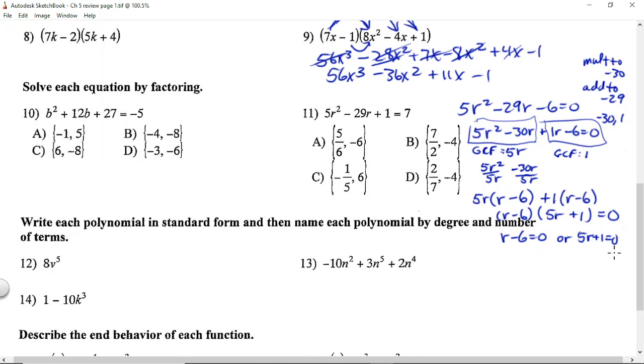So that is our two equations that we have to solve.